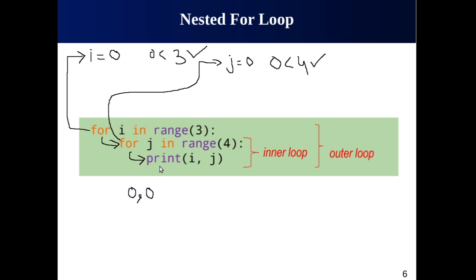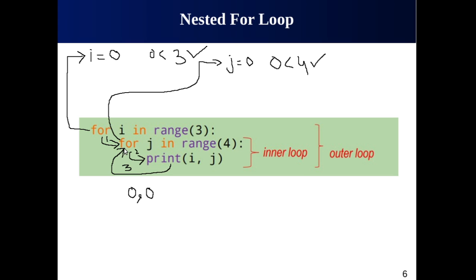One thing which is very important for you to remember is that after execution of this print statement, we go back to the inner loop, as I mentioned just before. First, we have to complete the execution of the inner loop. You can say that for one value of the outer loop, we have to execute the inner loop completely.